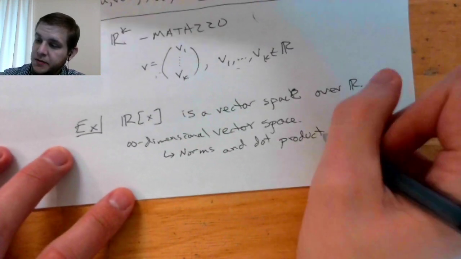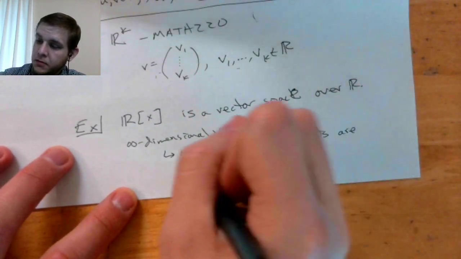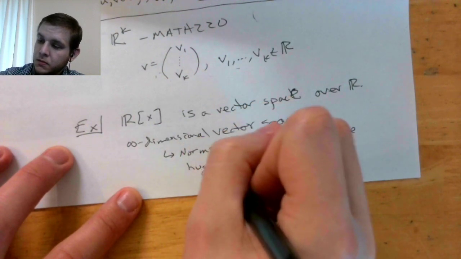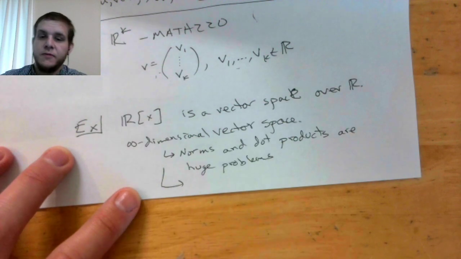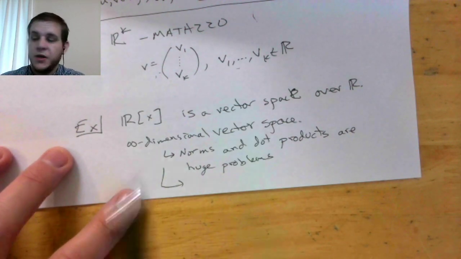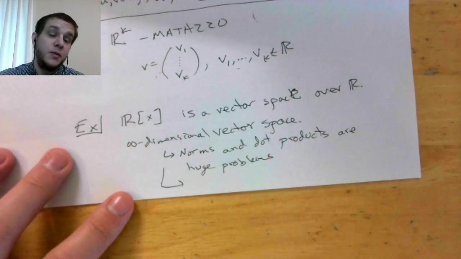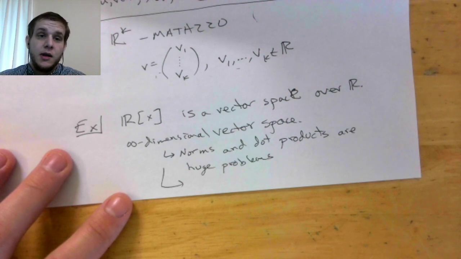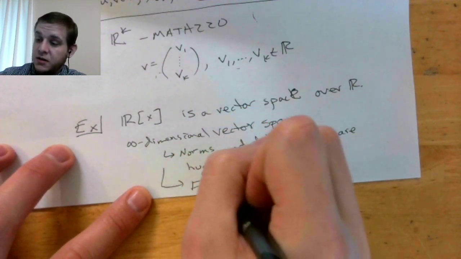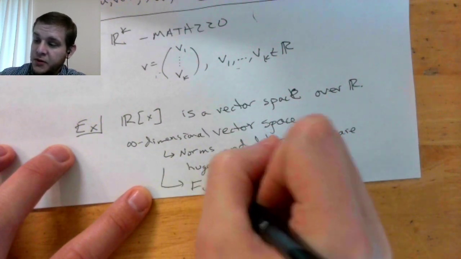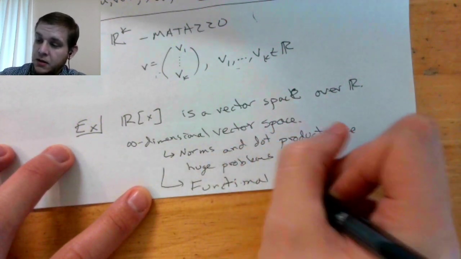Tackling what to do when trying to define the norm of a polynomial, for instance, is the birth of a field called functional analysis.